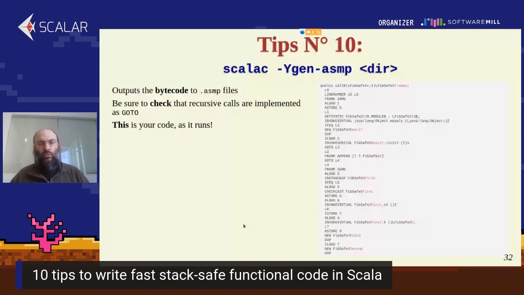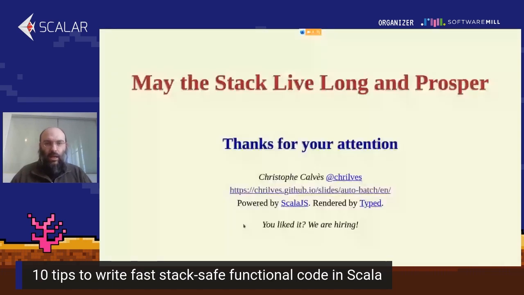If you want to activate this, just provide this flag, -Ygenerate-asmp and some directory, some folder, and then you can read. What you should do is read the code, and ensure that all your calls are safe, and that all your code is really just a jump or something like that.